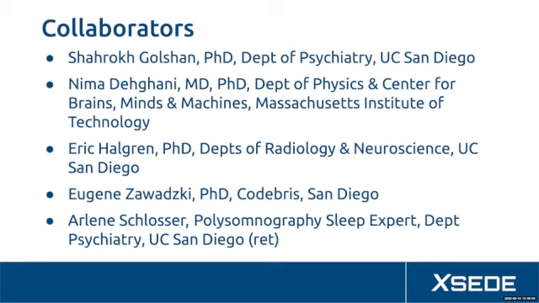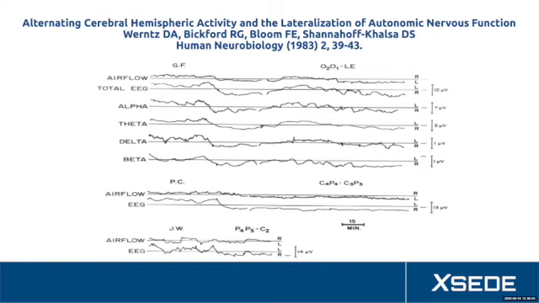Next slide, please. So this is probably our most popular slide ever, and I want to give you some background now on what this project is all about from a biological level or in terms of neurosciences. There's a paper that was published in Human Neurobiology in 1983. It was entitled Alternating Cerebral Hemispheric Activity and the Lateralization of Autonomic Nervous Function.